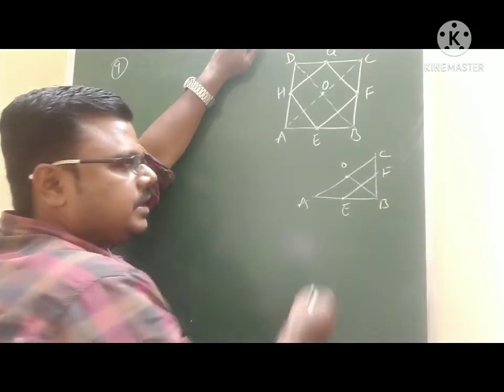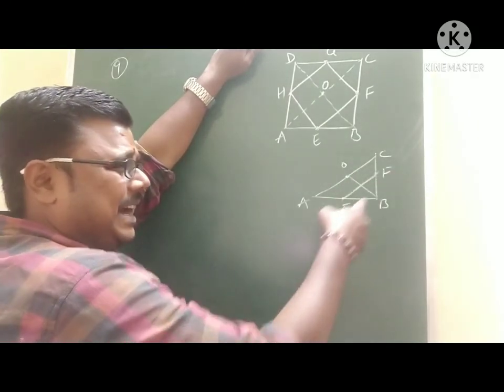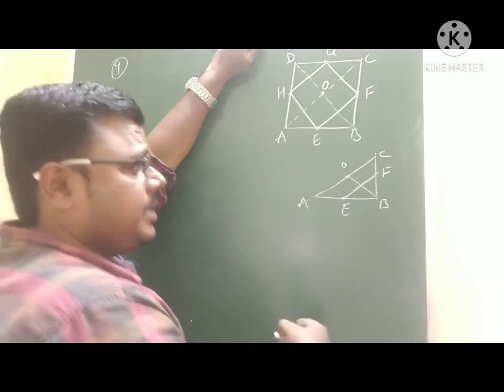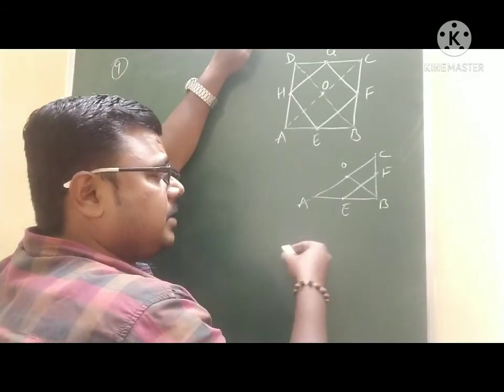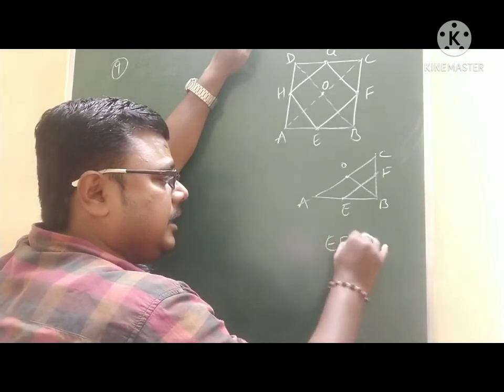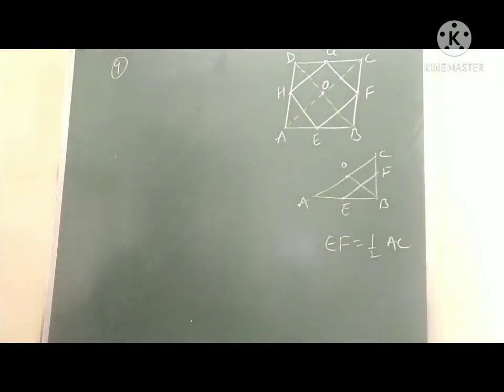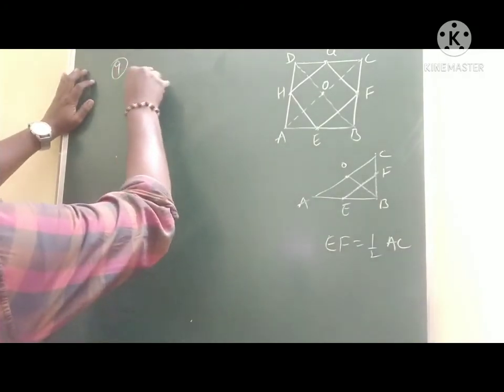So EF is a line joining the midpoints of the sides AB and BC, and EF is parallel to AC. So you can write here EF is equal to half of AC as per the midpoint theorem. Okay, so here we'll write all the given.